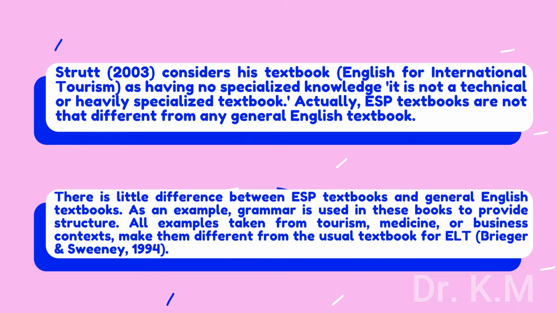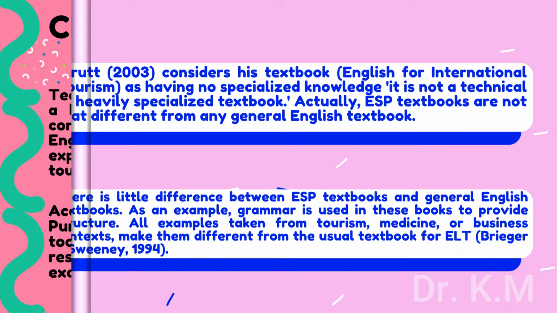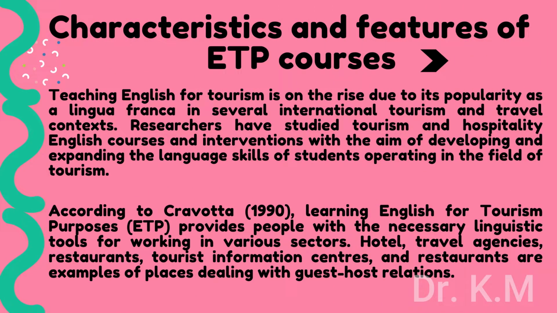As an example, grammar is used in these books to provide structure. All examples taken from tourism, medicine, or business contexts make them different from the usual textbook for ELT, Brieger and Sweeney, 1994.